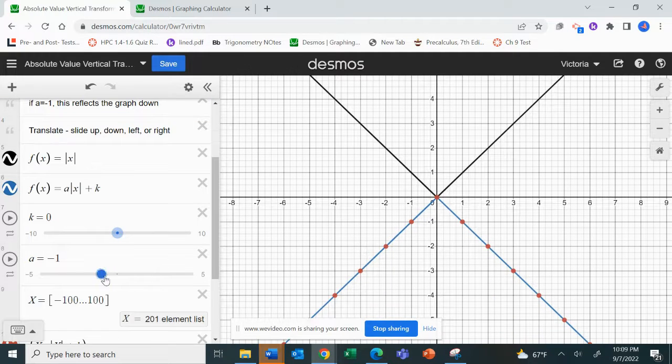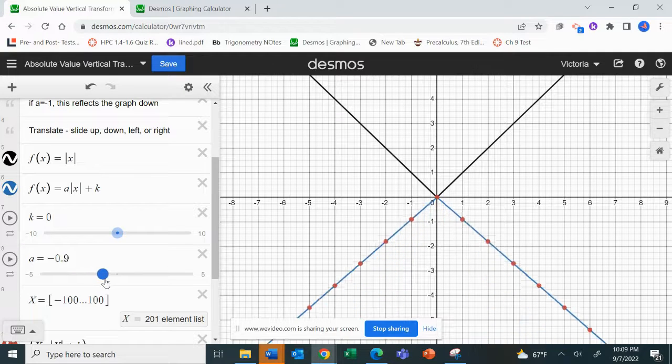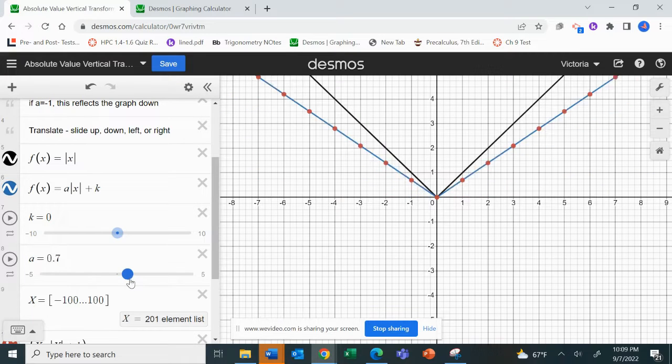If I go past -1, I still have that reflection, but now the graph is stretching vertically. It just happens to be stretching vertically down rather than vertically up. So the negative sign only affects if it's up or down. The number itself, if it's bigger than 1, is a stretch. If it's between 0 and 1, it's a shrink.